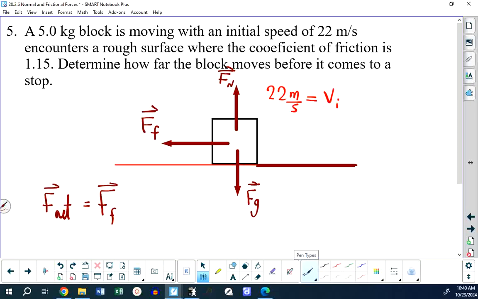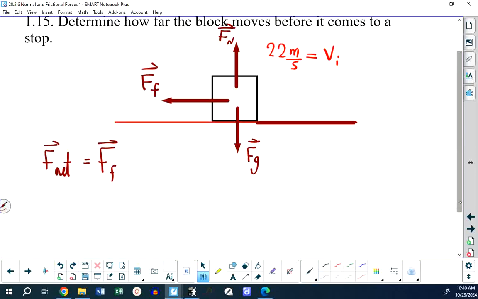Turns out it is. What do you get when you add these three forces together? You get the force of friction. These three forces added together give you the force of friction. So the net force is the force of friction. Which means we can do this.